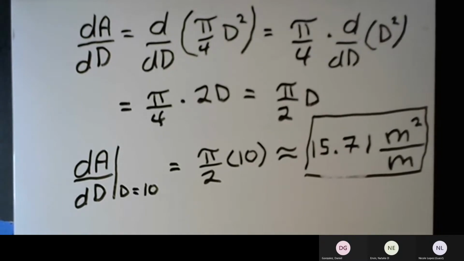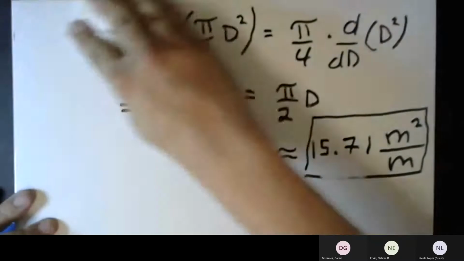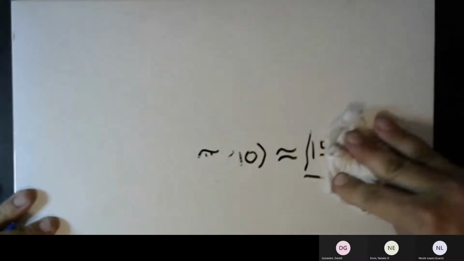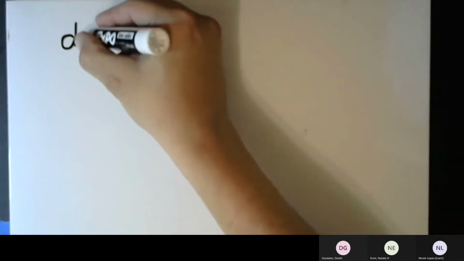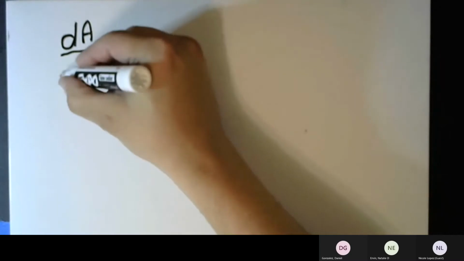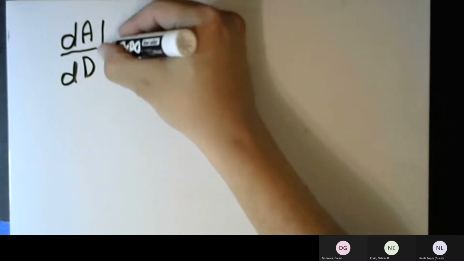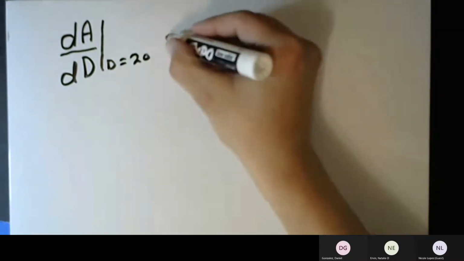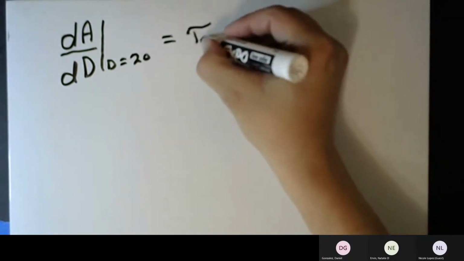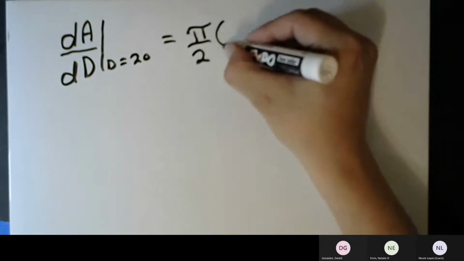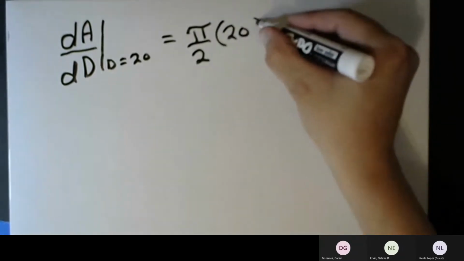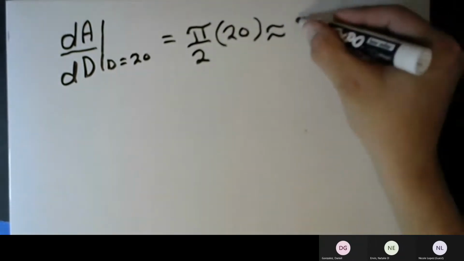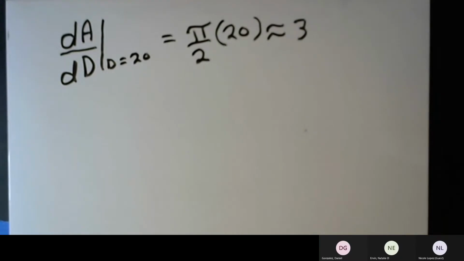Now, the thing to keep in mind here is that the area is changing differently at different values of diameter. So let's take D equals 20. Will this be pi over 2 times 20? Let's see.